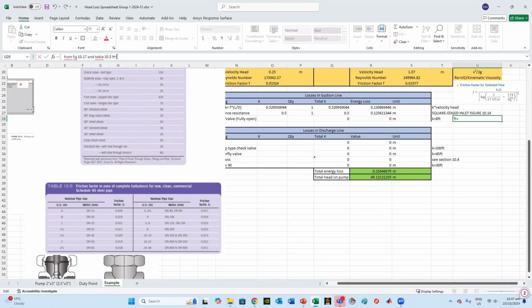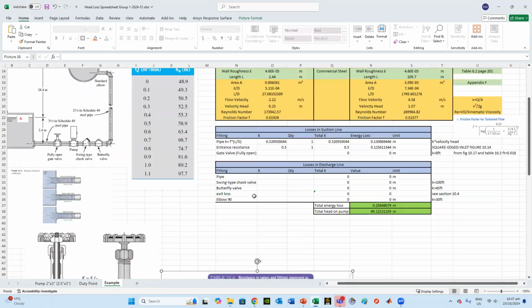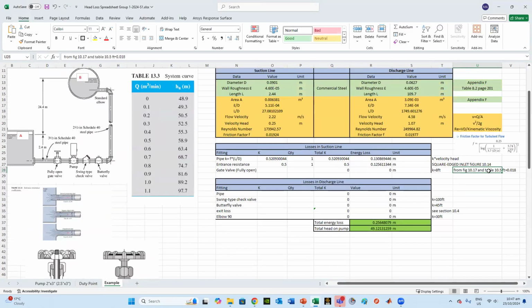FT equals 0.018. All right, so all this information, I'm showing you how to get them, but I'm also writing the comments here so you can see what you're going through. We say 8 times 0.018, and then I get this. How many are there? It's only one.